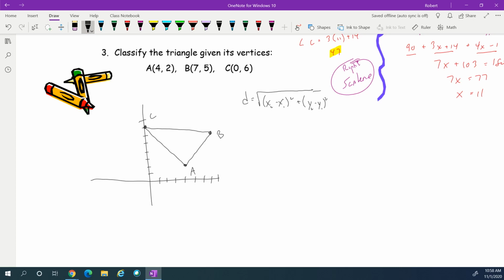And we're going to do it 3 times. We need the distance of AB. We need the distance of AC. And then we need the distance of BC.